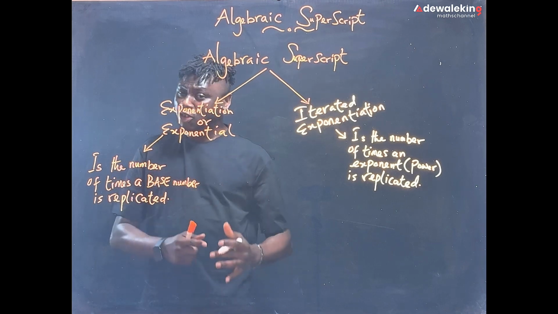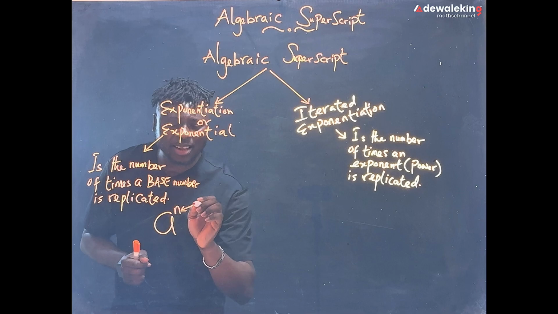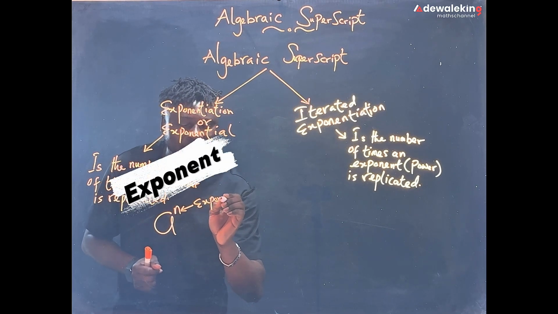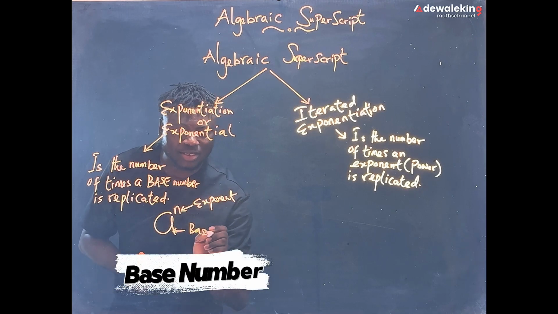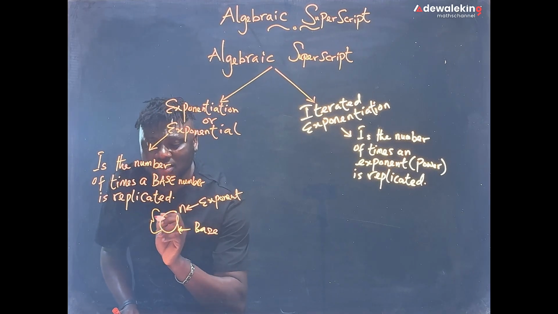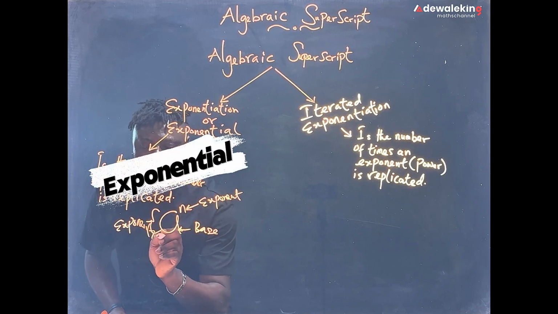For exponentiation, a raised to power n means this n is called the exponent or power, while this is the base number. The whole of this is called an exponential.